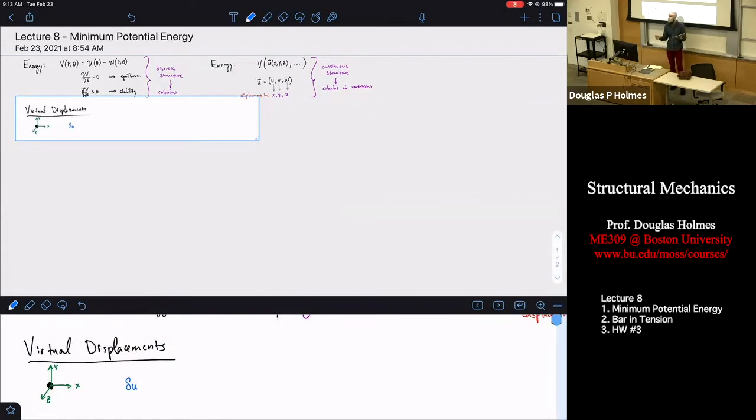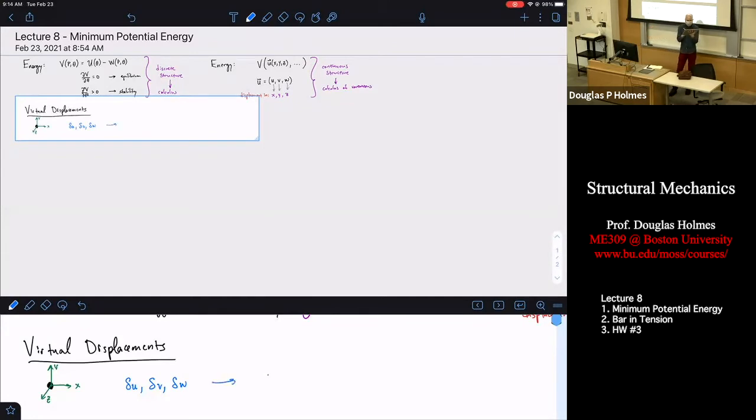I don't know if this notation is ringing a bell. I hope it is. If not, I'll try to make it clear in a second. Again, you can imagine this having a virtual displacement in y or z, which would give it a delta u, a delta v, a delta w. These are fake displacements of this particle. And if we have these virtual displacements, if we sum over the forces in those directions multiplied by them, we get a virtual work, right?